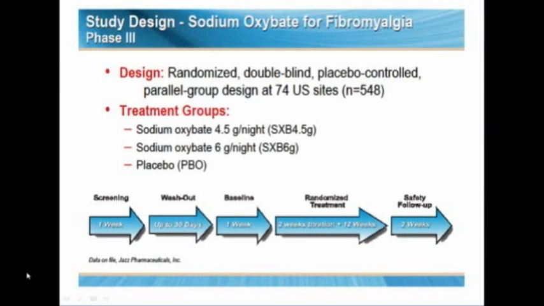And they broke these down into 3 groups. One group got 4.5 grams at night, another group got 6 grams at night, and the other received a placebo. And what they wanted to do is see how patients would respond in terms of pain as well as sleep and fatigue, as well as some other variables when given these products. Next slide, please.